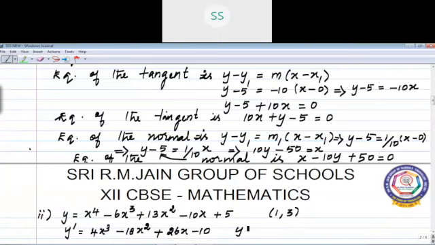Then y dash at 1 comma 3 is equal to 4 into 1 cube minus 18 into 1 square plus 26 into 1 minus 10, right? I hope you people understood. First you did the differentiation, then you are substituting the value of x. Now what is the slope of the tangent? Your dy by dx, that is your m.